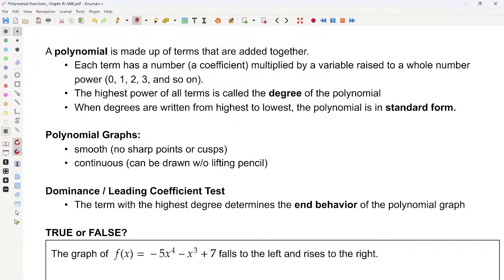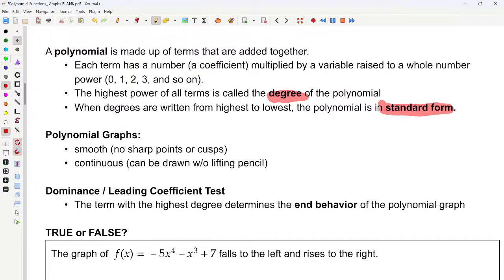All right, so other things I want to just briefly remind us. Degree is the highest power. And almost always, except once in a while, for some reason, the author of a question doesn't put it in what we call standard form. But when it's listed from highest power down to its lowest, that's called standard form.